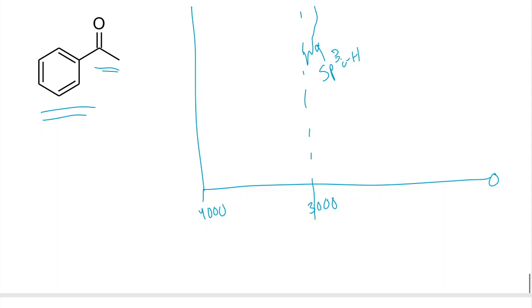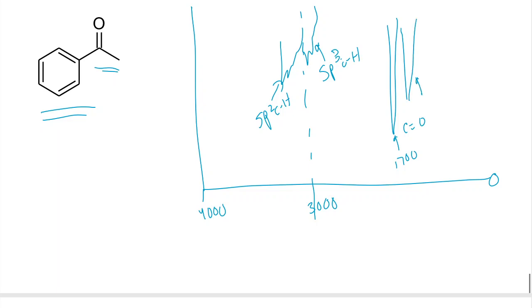Just above 3000 we're going to have some peaks for the sp2 CHs. We're going to have a peak at 1700 for the carbon-oxygen double bond, a peak at 1600 for the carbon-carbon double bond, and a peak at around 2000 for our aromatic ripple.